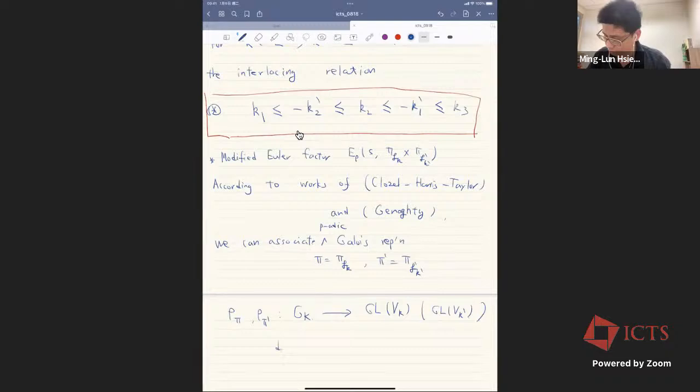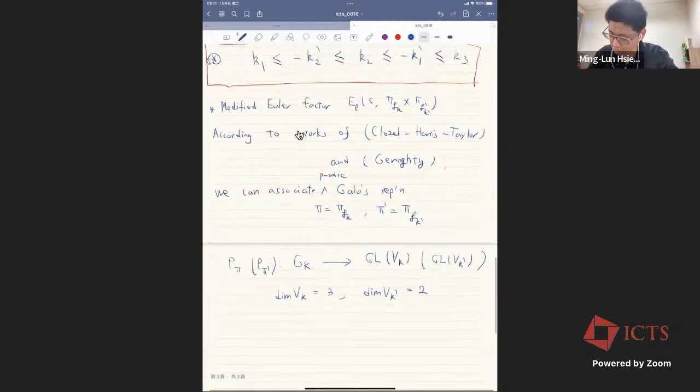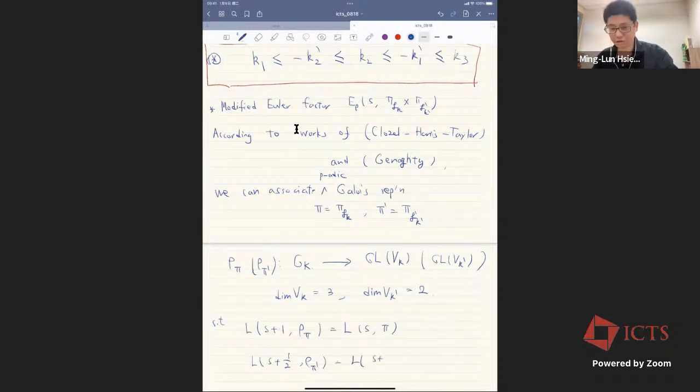The dimension of VK is 3 and the dimension of VK prime is 2, such that the L function of this Galois representation plus 1 is equal to the L function of pi, and the L function of rho pi prime is equal to the L function of pi prime.